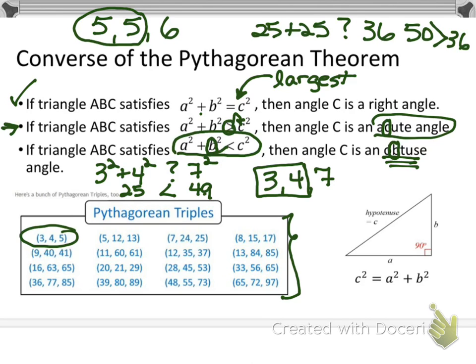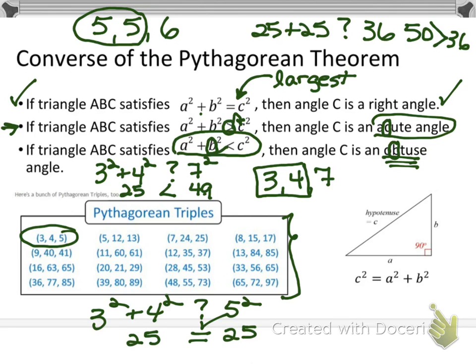So the two smaller numbers, 3 squared plus 4 squared, question mark, 5 squared. We already did 3 squared plus 4 squared. We know that's 25. Well, 5 squared is also 25, so therefore it equals it. Since a squared plus b squared equals c squared, I have a right triangle.